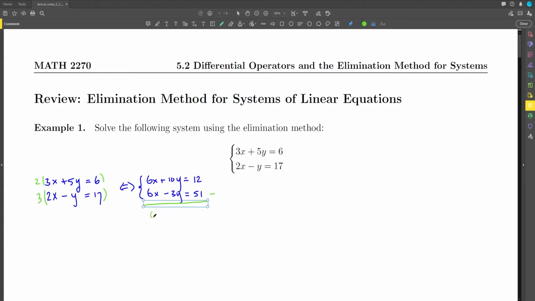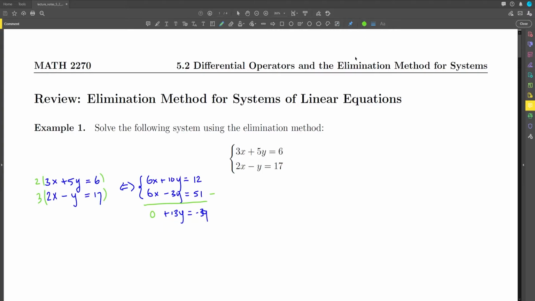That becomes a 0. And then we have plus 10y minus negative 3y. That gives us plus 13y. And then 12 minus 51 gives us negative 39. So our equation now is 13y equals negative 39.